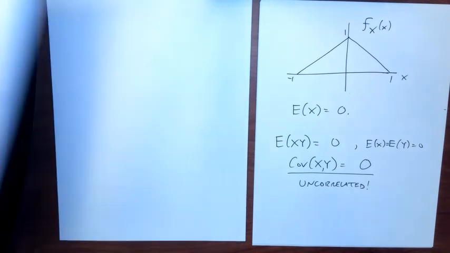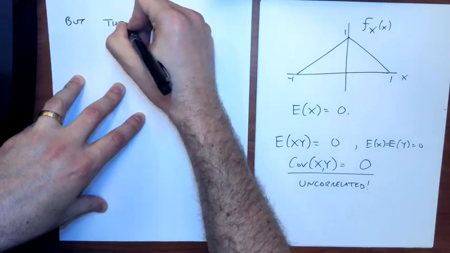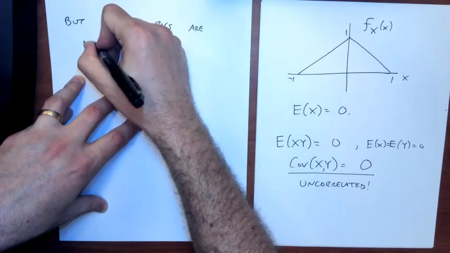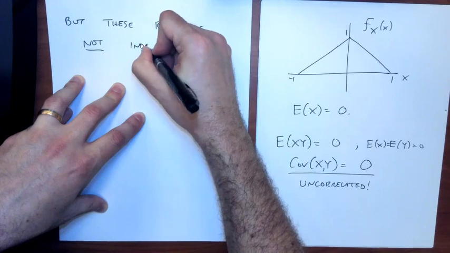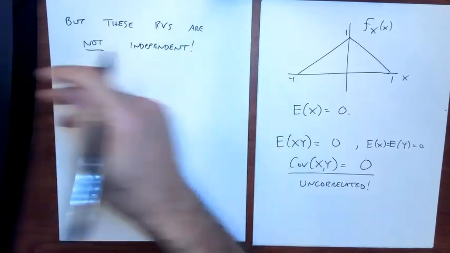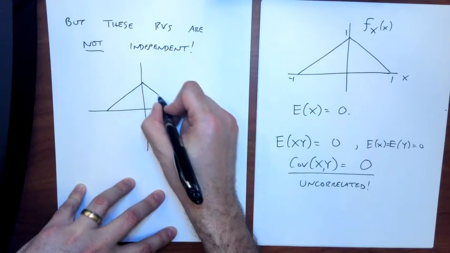But these random variables are not independent. Why is that? Let's think back again about the joint PDF. It looks like this.